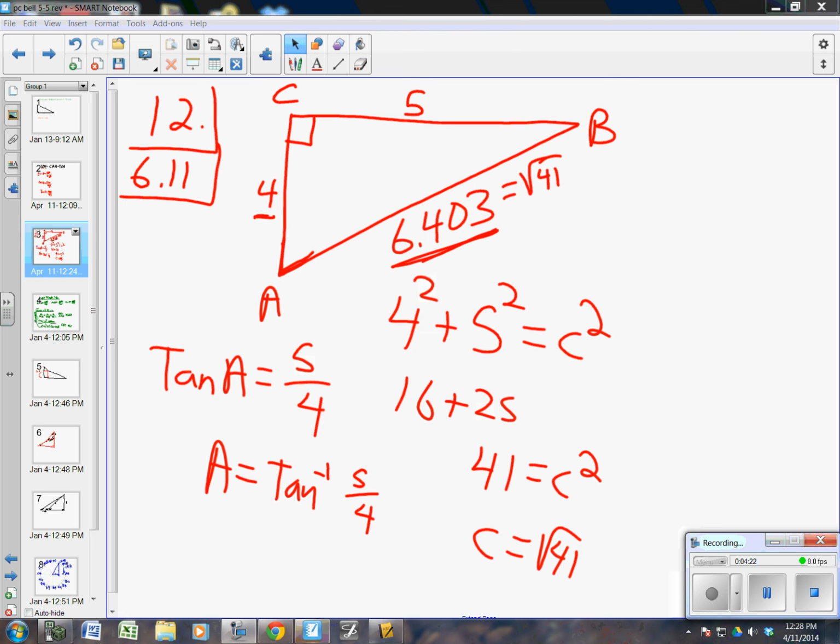And so we just plug that in the calculator. What do you get for that angle? Round it to 3 decimals. 51.340. Okay, and then how do I find angle B? Subtract from 90.